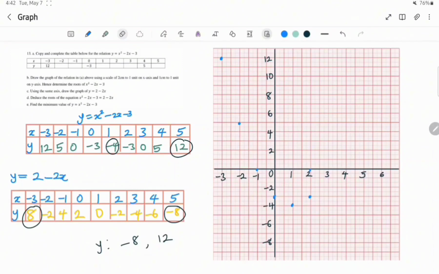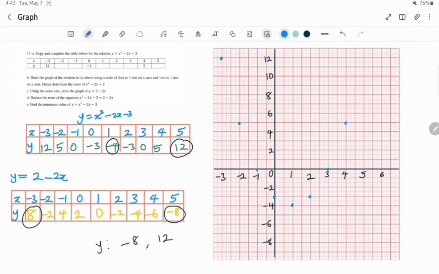Also, when x is 3, y is 0. When x is 3, this is x at 3, then y is 0. When x is 4, y is 5. This is x at 4. So we are going to trace it to where y is 5. Well, this is where y is 5, the point of intersection.